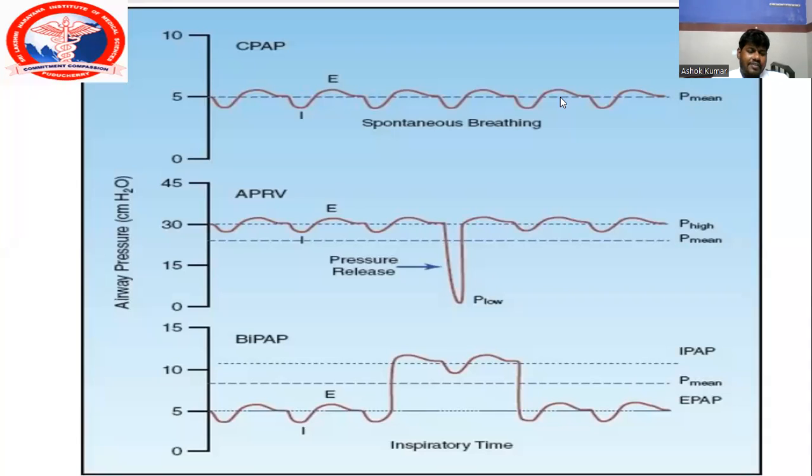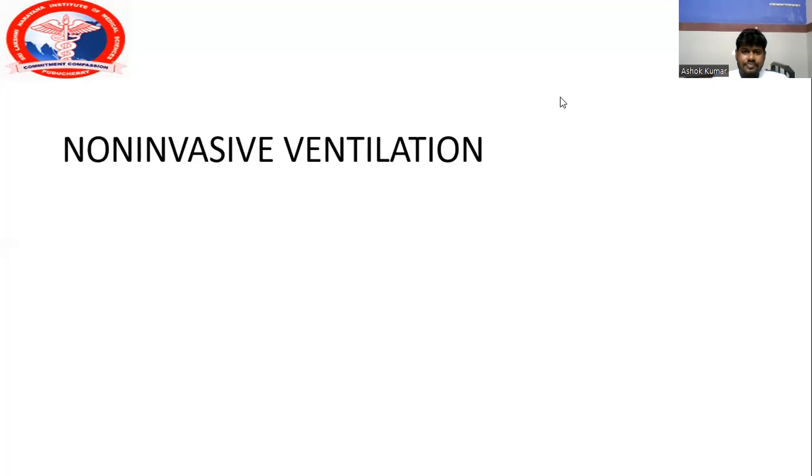Bilevel positive airway pressure is similar to airway pressure release ventilation, but in APRV most time is spent at high pressure, while in bilevel more time is spent at the lower expiratory pressure, like 5 centimeters of water, and only a small period at the high pressure, like 10 centimeters of water. The higher pressure is the inspiratory positive airway pressure, and the lower pressure is the expiratory positive airway pressure.